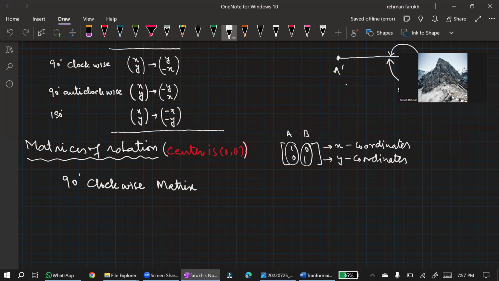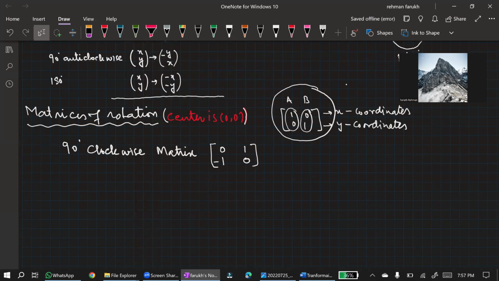now use this matrix and apply the vector transformation on the coordinates A and B. In 90-degree clockwise rotation, we will interchange the coordinates and change the sign of x. There is no need to write 0 with a minus.